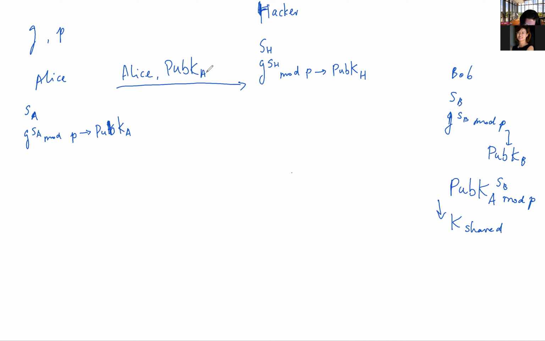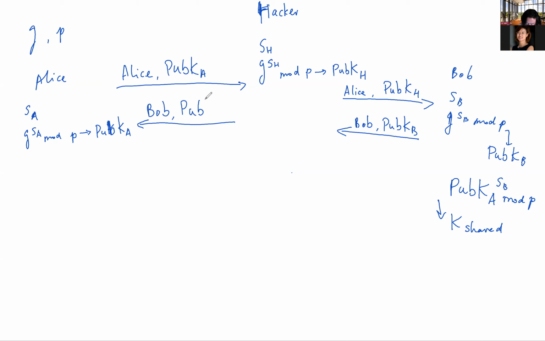And then instead of relaying this public key to Bob, hacker would say to Bob, hey, I'm Alice, even though it's not Alice, and then give Bob hacker's public key. And Bob, of course, has no idea this is happening, and will say, I'm Bob, and this is my real public key, right? And the hacker, of course, would not give Alice the real public key that Bob has. We'll just give Alice hacker's public key.